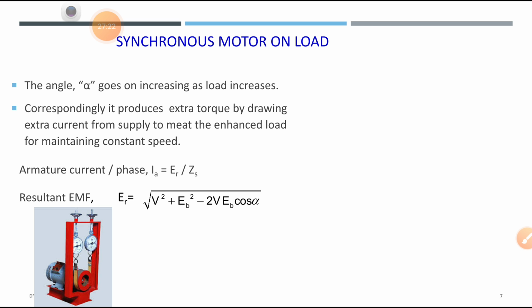Here ER depends upon the load angle alpha. When alpha changes, ER changes, the armature current changes, and automatically the power changes. That power, that torque, is directly proportional to sin alpha.